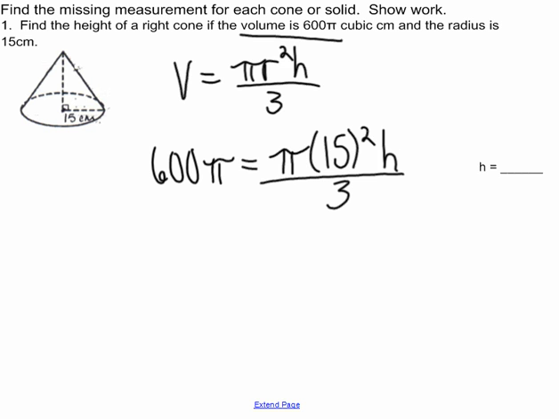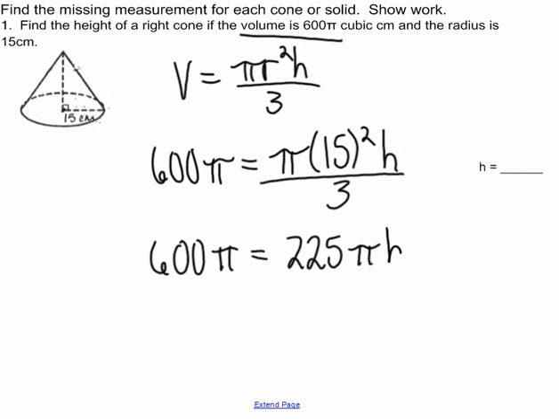So I'm going to simplify this here. So I get 600 pi equals 15 squared is 225. So I like to write that up front, all over 3. I like to work with getting rid of that fraction here. So this whole thing's being divided by 3.